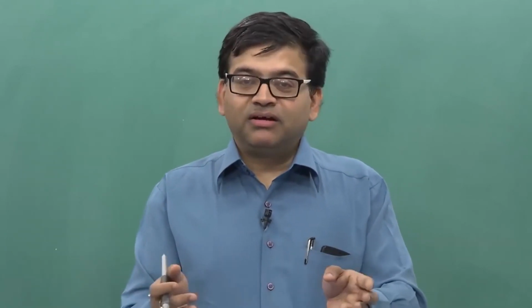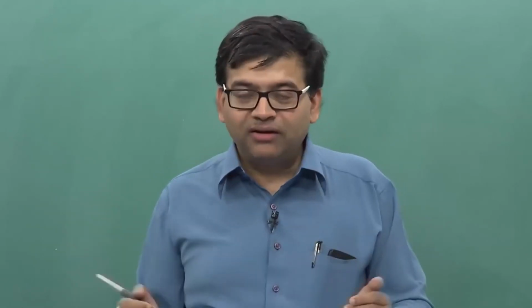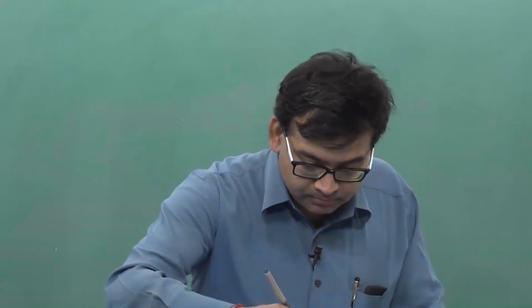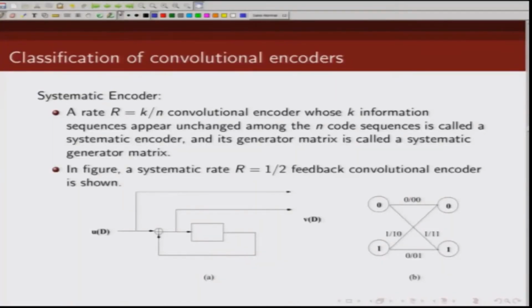In a partially systematic encoder, we can see a fraction of these k information bits, maybe few bits from 1 to k minus 1, and in a non-systematic encoder we cannot see any information bit directly in the output.